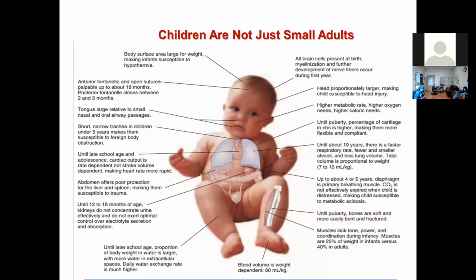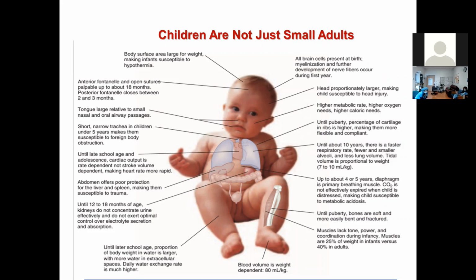Also, until late school age, cardiac output is rate dependent, not stroke dependent. That is very significant because adults are able to compensate their cardiac output by increasing both their stroke volume and their heart rate.